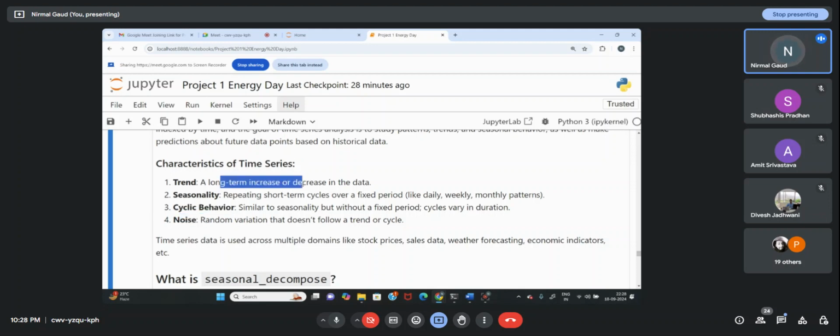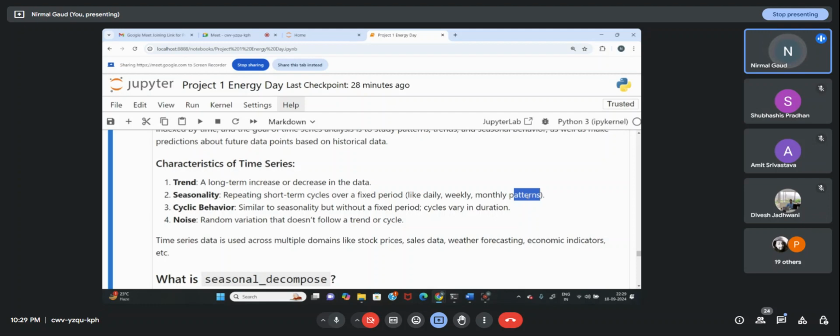Trend is an increase or decrease in the data along with the time. Seasonality is repeating short-term cycles over a fixed period of time, whether daily, weekly, monthly, or yearly. After every 4 months we have a season: summer, winter, rainy, then again summer, winter, rainy. That is seasonality.